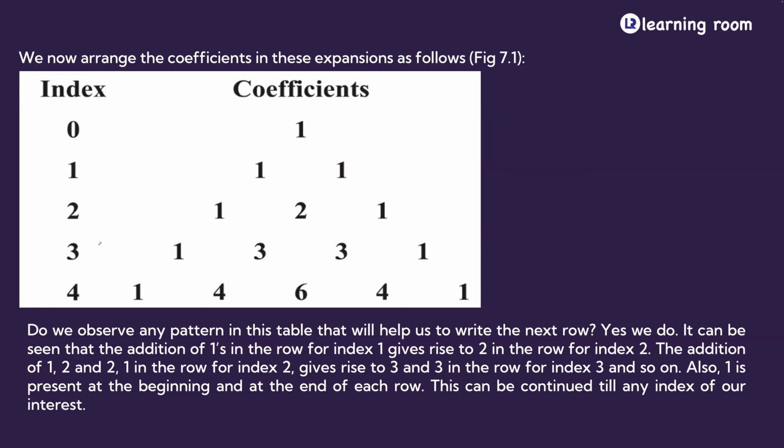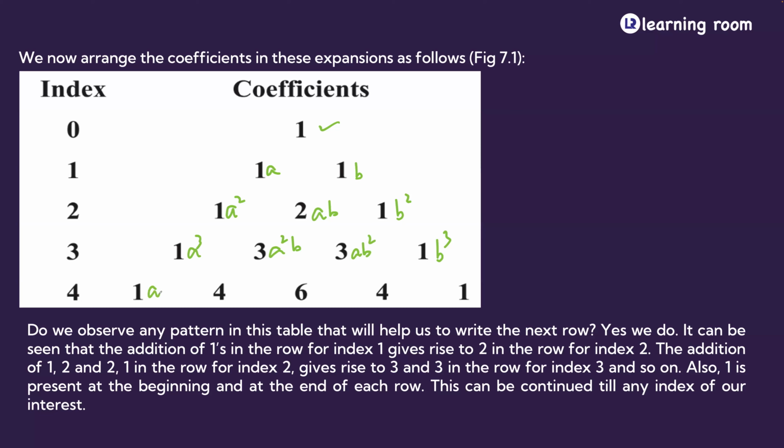When it is (a plus b) to the power 0, it is 1. When it is (a plus b) to the power of 1, it is going to be 1 times a plus 1 times b. So (a plus b) the whole square: 1 times a square, 1 times b square, 2 times ab. Now here tell me, a cube, here it is b cube, here it is a square b, ab square. Now you know the pattern.